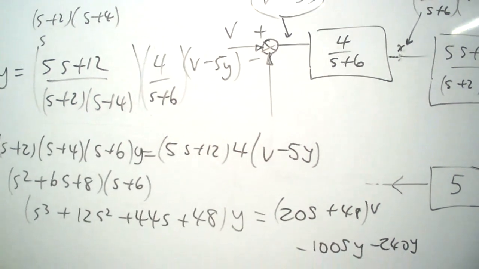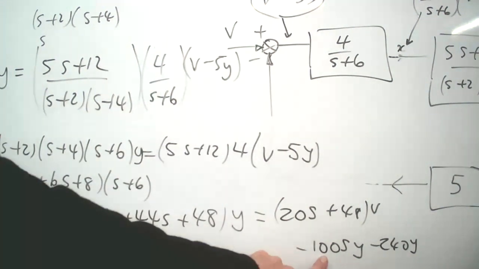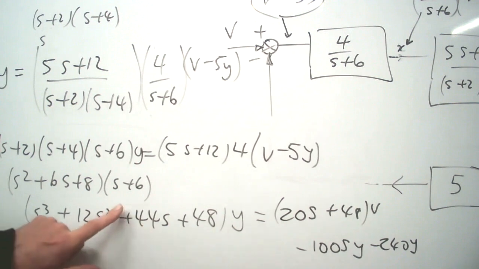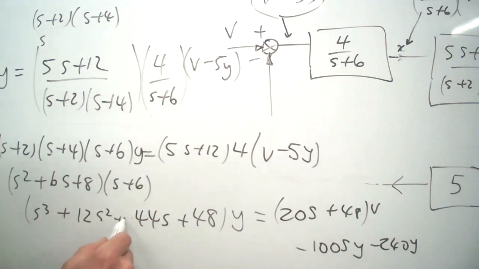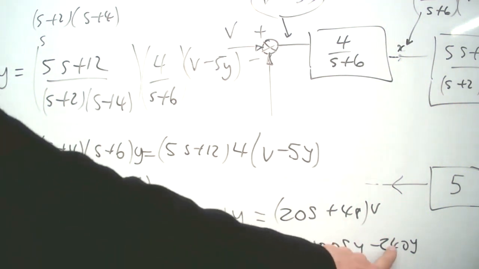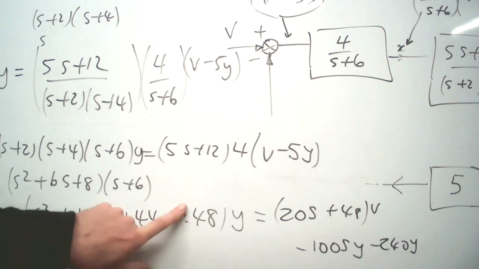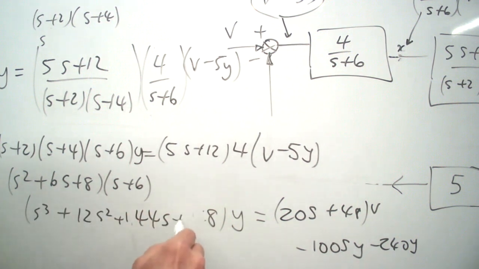So then these two terms here now have to join in with these. If I bring the 100 over to the other side, it becomes plus, so the 44 will go to 144, because 100 plus 44 will be 144. And then 240 coming over onto this side becomes plus 240. 240 and 48 becomes 288, so that'll become plus 288.